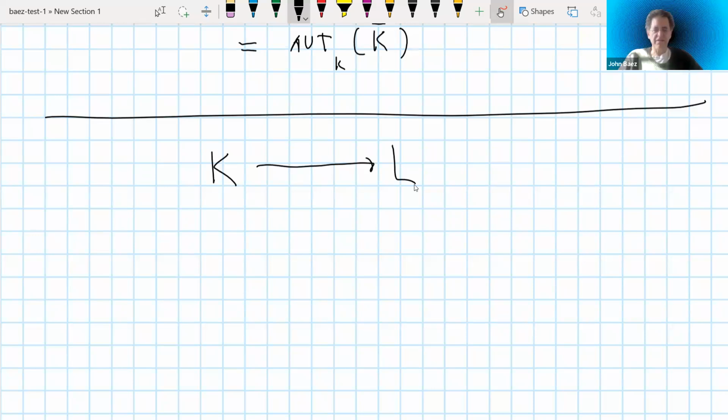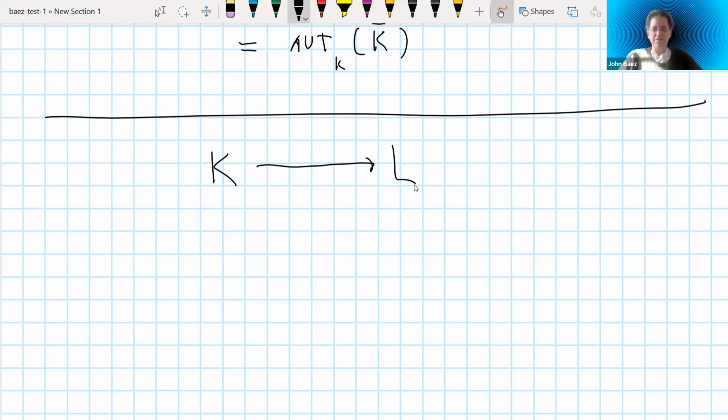So what I get is a homomorphism from the absolute Galois group of K to Z mod 3. That sounds right, and that normality was important.